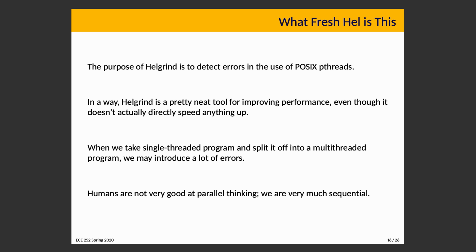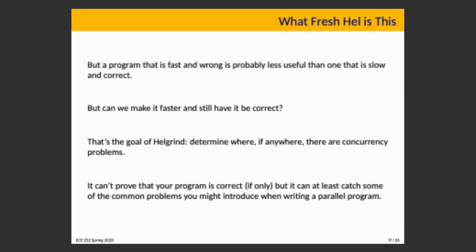Yes, that can somewhat work, but it would actually be better if we considered that maybe we should use different tools that are better for this, that relieve some of the burden on you as the person who's programming it. But anyway, a program that is fast and wrong is much less likely to be useful than one that is slower but correct.